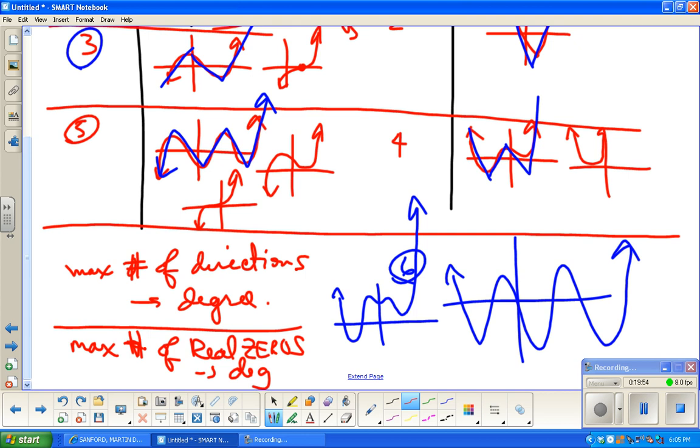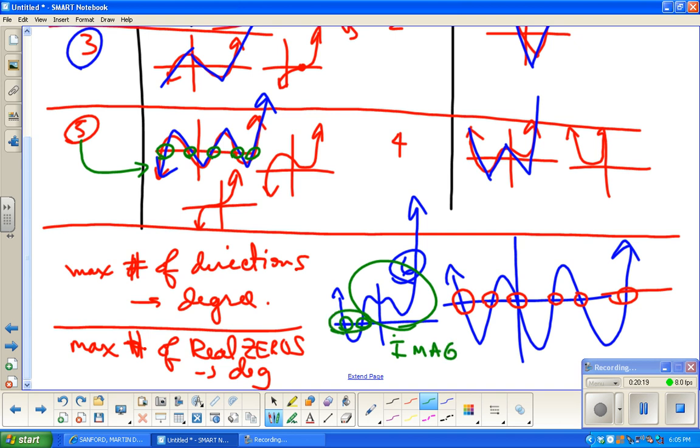So for instance, this 6th degree could have 1, 2, 3, 4, 5, 6 zeros, 6 x-intercepts. This 5th degree could have 1, 2, 3, 4, 5 zeros. Now, they may not all be real though. Let's pop back to the 6th degree for instance. This only has 2 real zeros, and all of the other ones would be imaginary. So these spots where it actually crosses would be real.